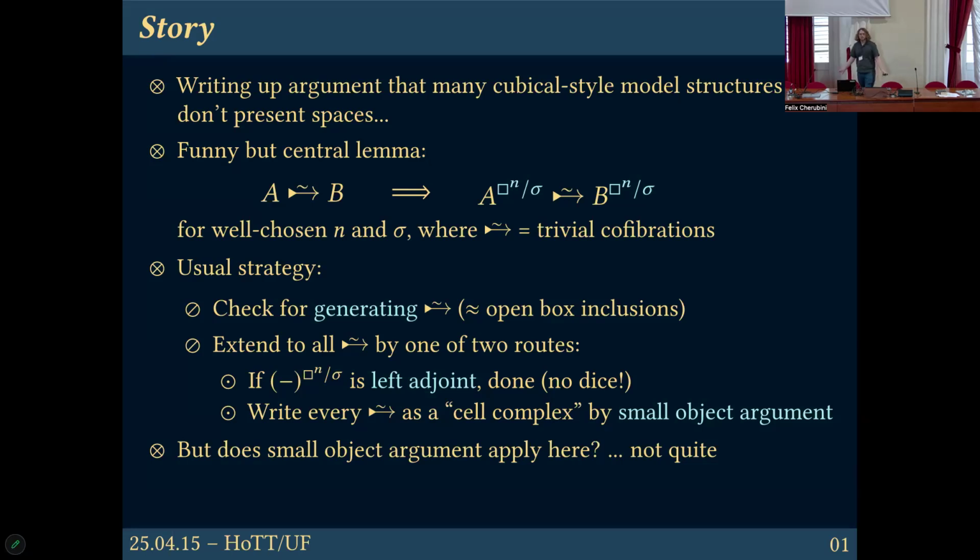It turns out that we're not quite, for two reasons. One reason is that we would like to do these things constructively, and the small object argument is less applicable constructively than it is classically. But we're also interested in examples of these cubical style model structures which even classically we think are not generated by this argument. So that's the background of how I ended up here.